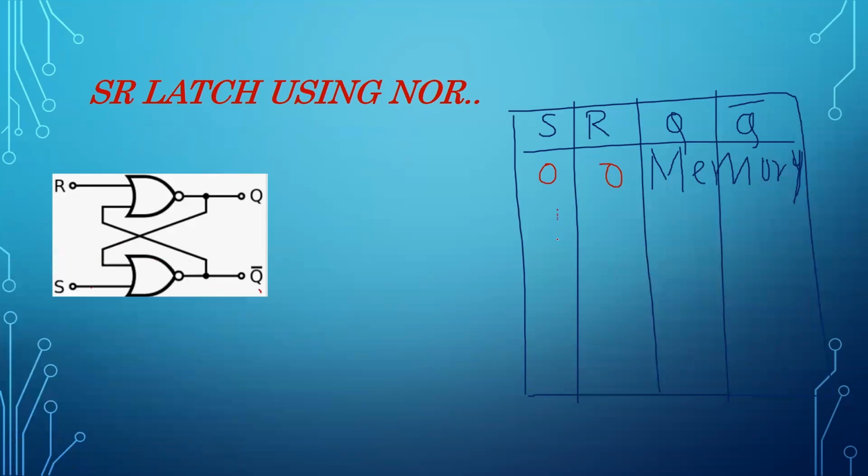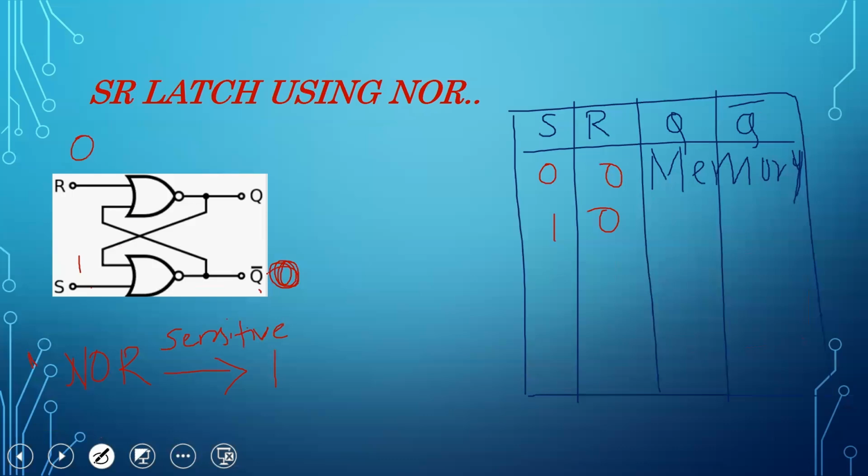Now S is 1 and R is 0. You need to keep in mind that NOR is sensitive to 1. What that means is, when any input to the NOR gate is 1, irrespective of the other input, it gives output 0.